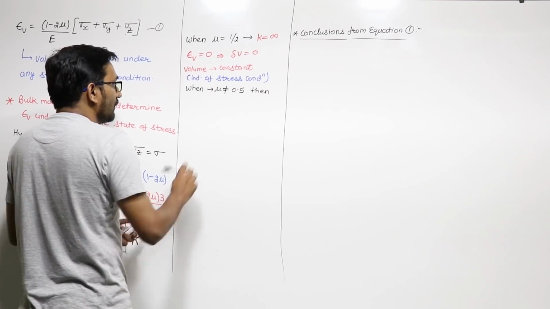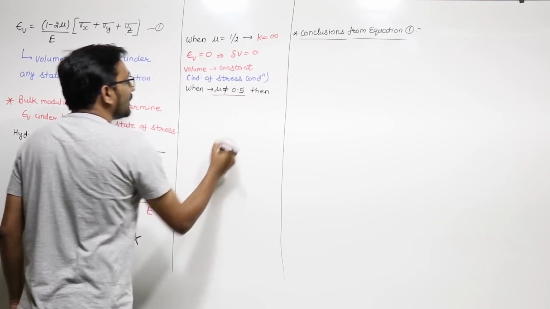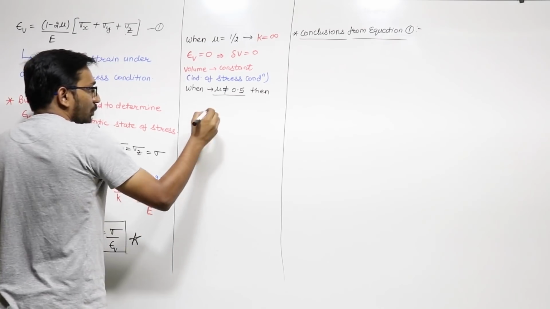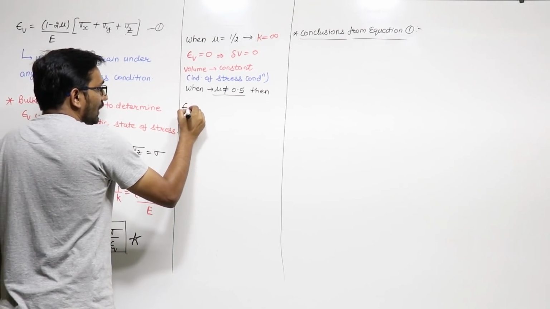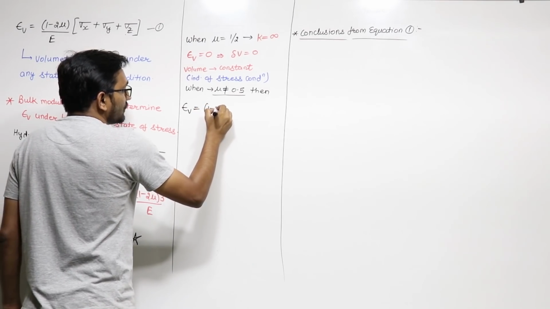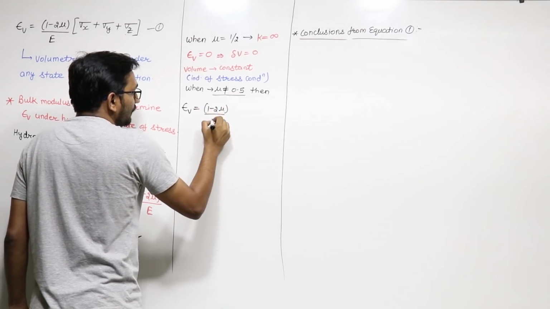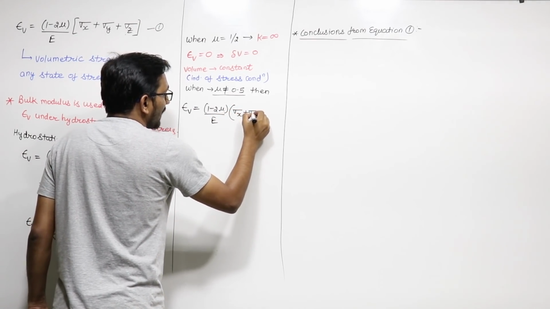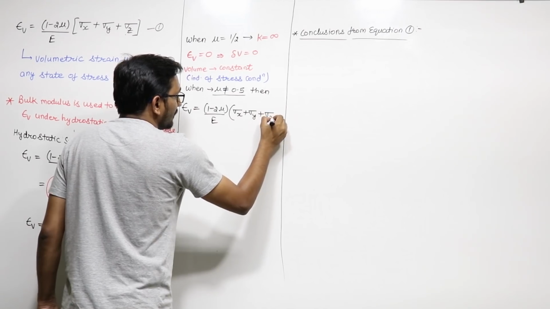If the value of mu is not equal to 1 by 2, or not equal to 0.5, the volumetric strain is (1 minus 2 mu) upon E into (sigma x plus sigma y plus sigma z).